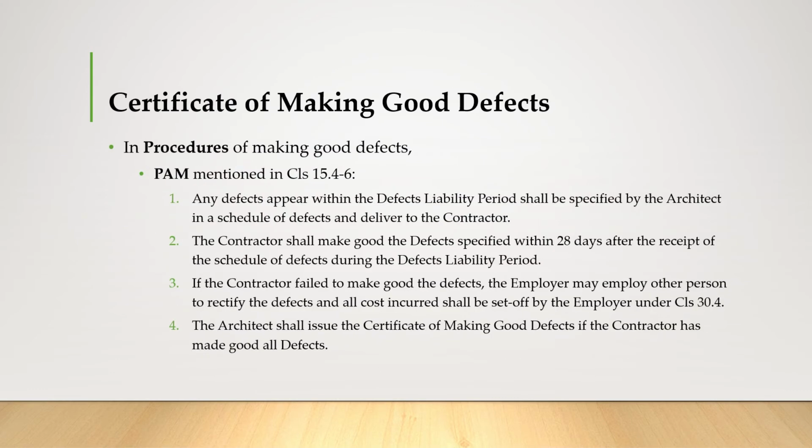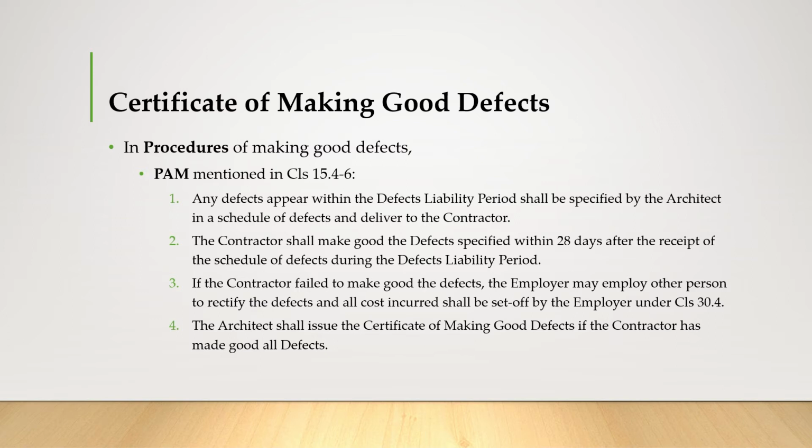In the procedures of making good defects, PAM mentions in clause 16.4 to 6. First, any defects appearing within the DLP shall be specified by the architect in the schedule of defects to be delivered to the contractor. Secondly, the contractor shall make good the defects specified within 28 days after the receipt of the schedule of defects during the DLP.